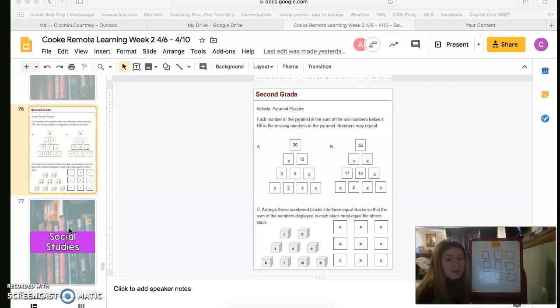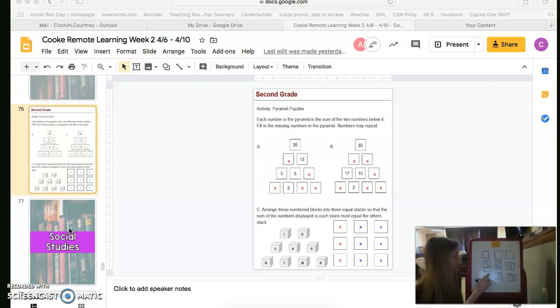So I'm going to start with my bigger numbers. I might start with 7, 8, and 9. Okay, I'm going to start with my larger numbers. Then I might put, maybe I put a 5 here, a 6, and a 4.